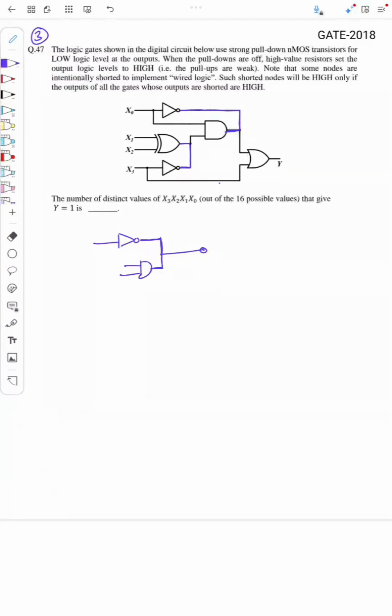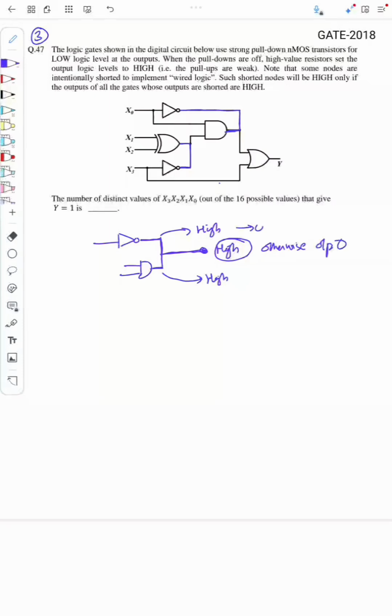This output will be high only if the output of NOT is high and the output of AND is high. So if the outputs of both these gates are high, then only the total output will be high, otherwise the output is 0.